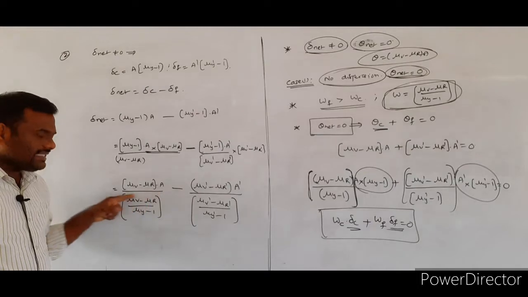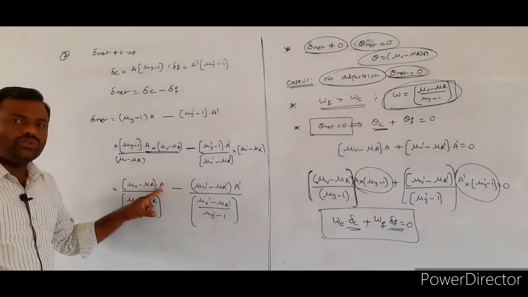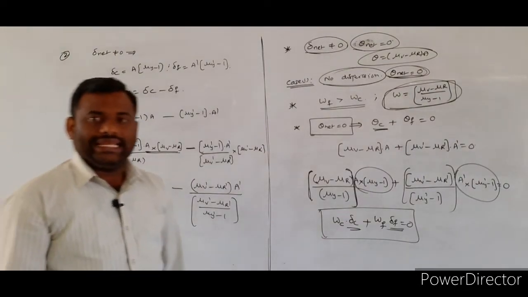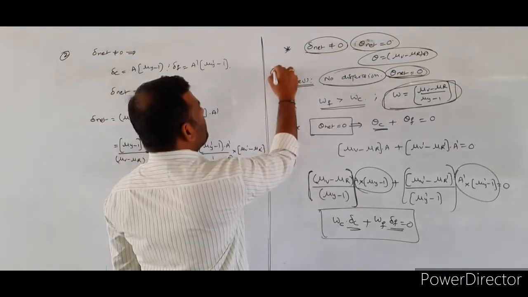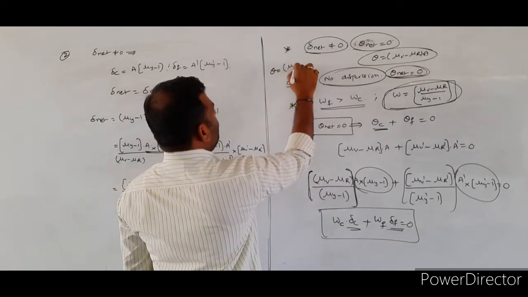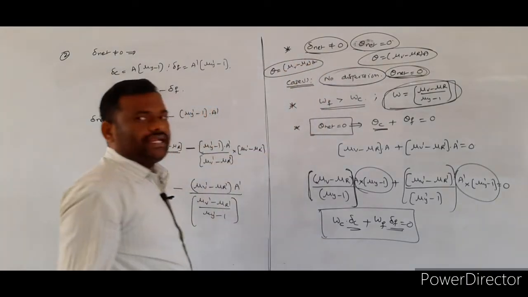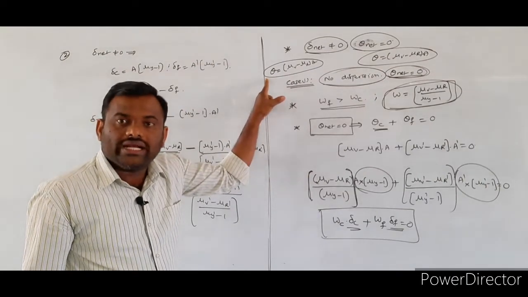So what will this term be representing? Mu v minus mu r into a, that value will be indicating the angular dispersion. So what is the general formula for theta here? Theta is equal to mu v minus mu r into a, which will be indicating the angular dispersion.